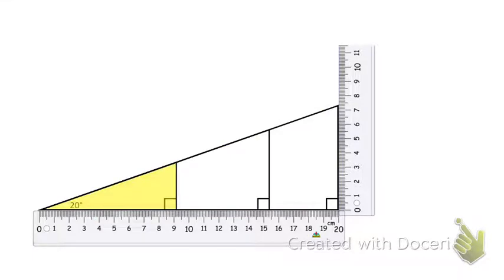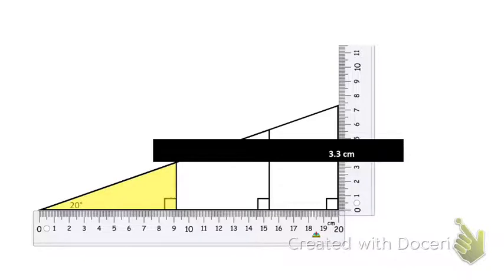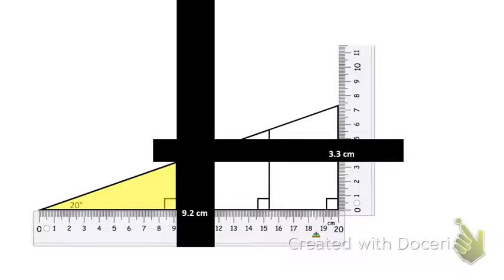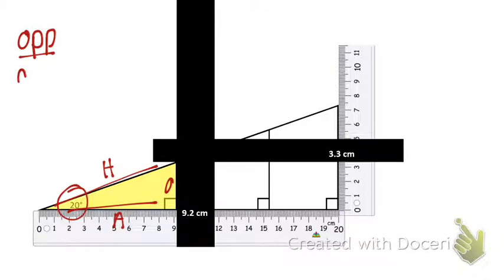Now the smallest 20-degree right triangle has a side that's 3.3 and a side that's 9.2. So this is our reference angle. These are the two sides that make up the reference angle: hypotenuse, adjacent, opposite. So the length of our opposite side over our adjacent side, on this problem the opposite side is 3.3 and the adjacent side is 9.2.